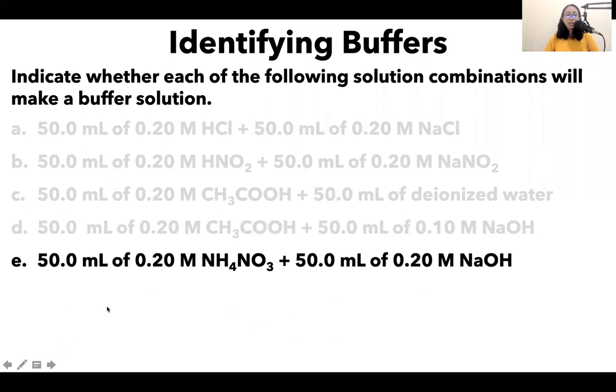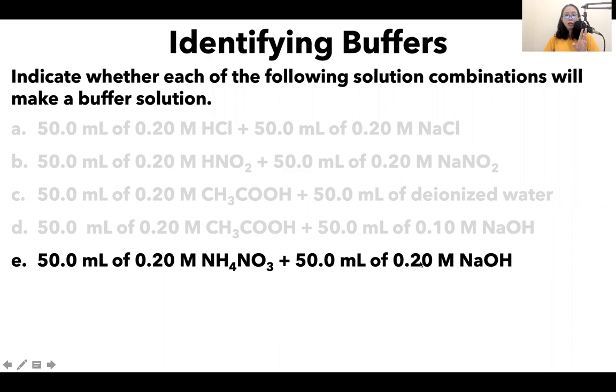And letter E, 50 ml of 0.2 molar ammonium nitrate plus 50 ml of 0.2 molar sodium hydroxide will not give you a buffer. So yes, you have the strong base so that you can form the conjugate base of ammonium here from ammonium nitrate.